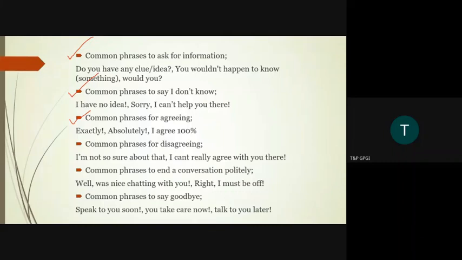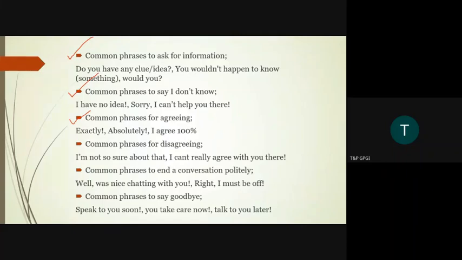That's how you can use it. Or you can say couldn't agree more. Couldn't agree more. These are some examples of common phrases for agreeing with someone.